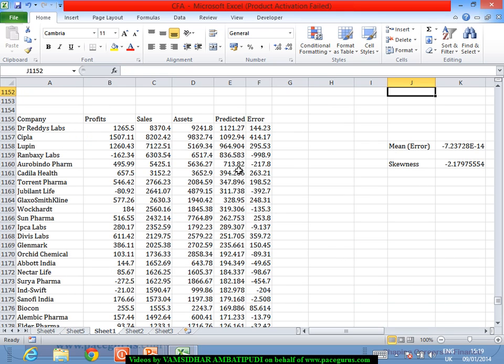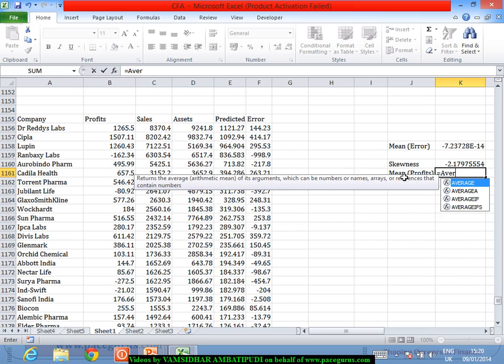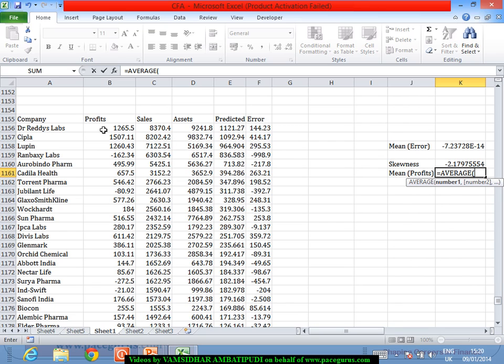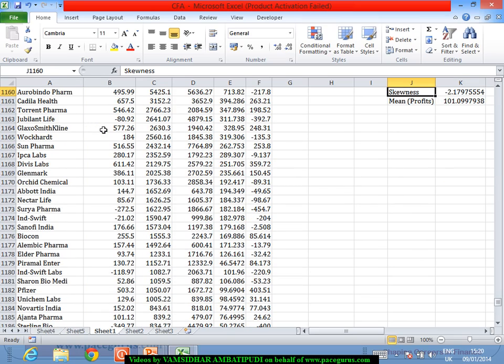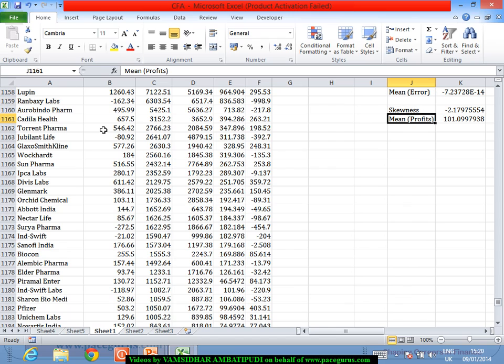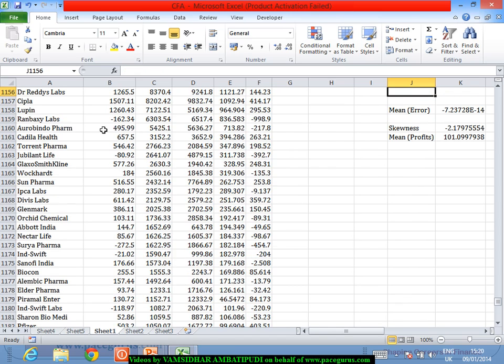So the total sum of squares is based on the actual profits. The mean of the profits is nothing but the average of all these numbers, and I also want the sum of the squares.